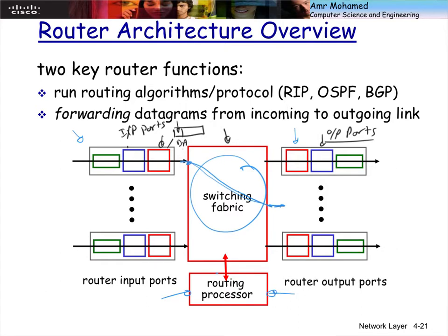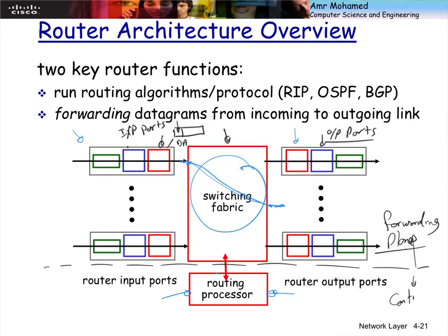So if we were to divide this into two parts, this is what we call the forwarding plane. The forwarding plane is done purely in hardware. So the input ports, output ports, all of this are hardware chips, hardware components. And that's the control plane.